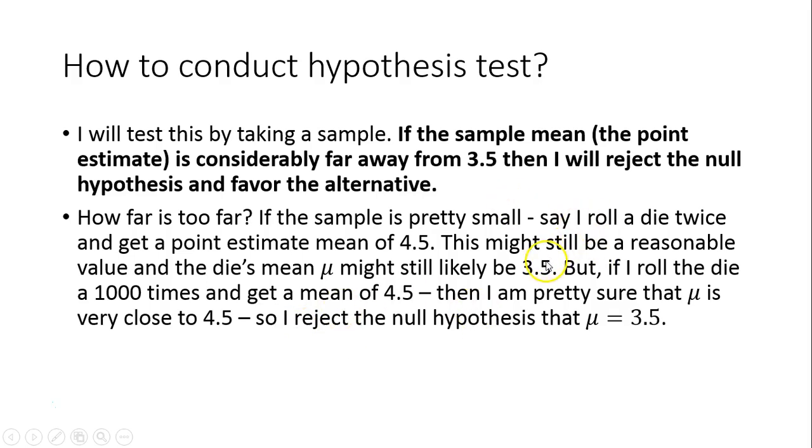However, if the sample is very big, say I roll the die 1,000 times and get a mean of 4.5, then I'm pretty sure that mu is very close to 4.5. So I will reject the null hypothesis that mu is 3.5. In this case, the die is maybe not fair if I'm getting a mean so high.